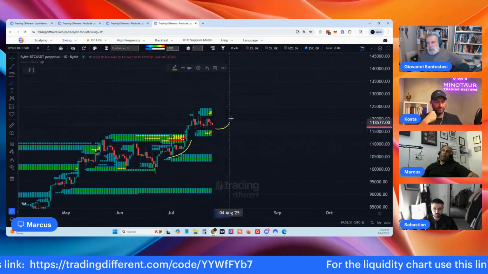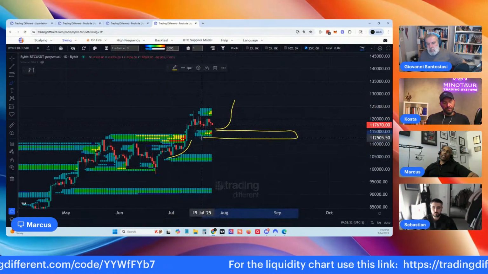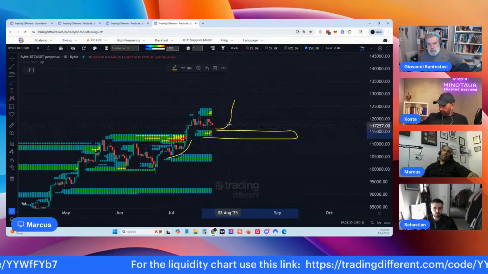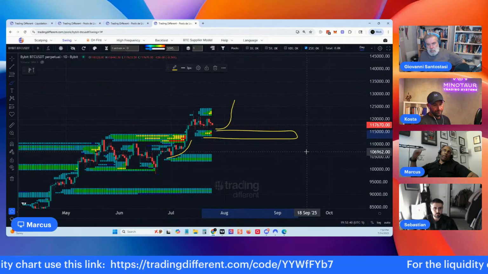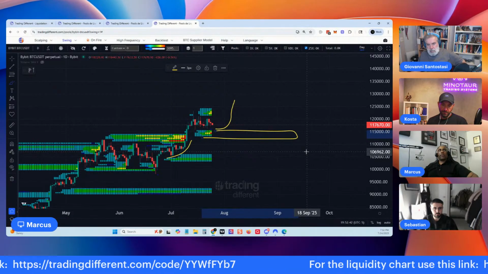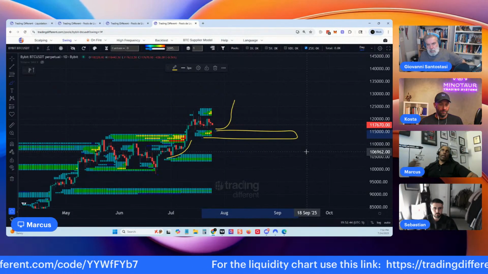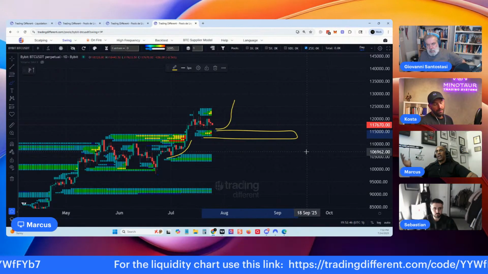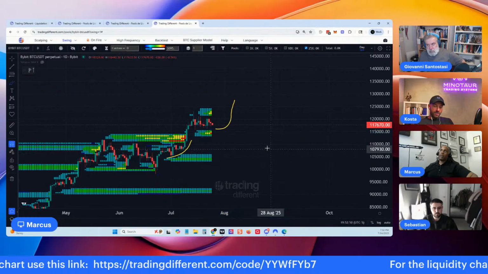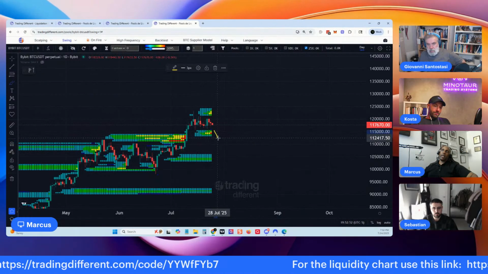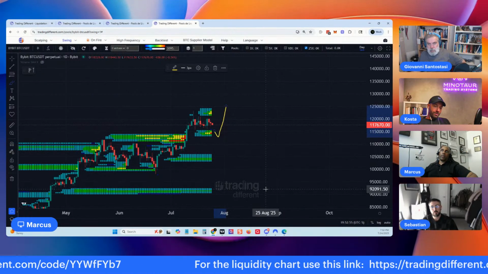So we'll have some type of untouched event, because you'll get that third level, because the markets are very efficient. So they need return liquidity. It's kind of like you need your return flight, right? You go on a trip, you need a return flight to come home. So it's going to need this liquidity to come back down. So it typically won't take it. If they do take it, then more than likely it'll do that.